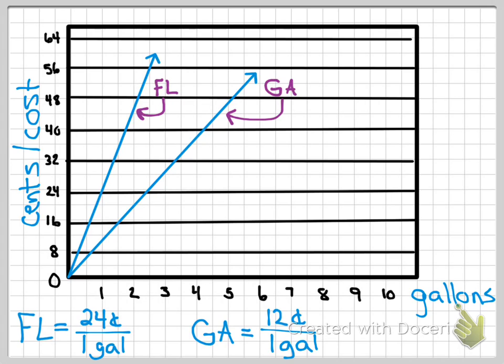I wish gas was this cheap. So Georgia is 12 cents a gallon. Florida is 24 cents a gallon. So which one's cheaper? Georgia. So basically, on your worksheet tonight, you're just going to have different numbers, but this is basically what it's going to look like. We're just interpreting a graph.